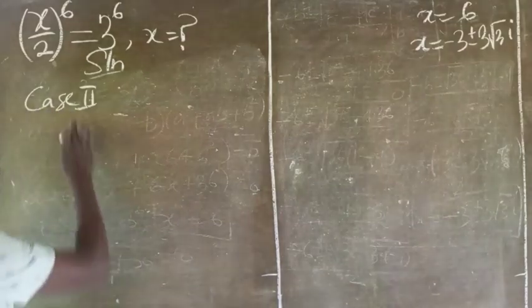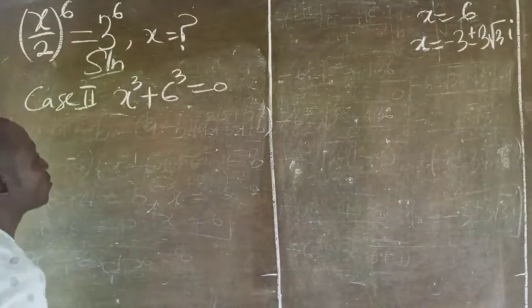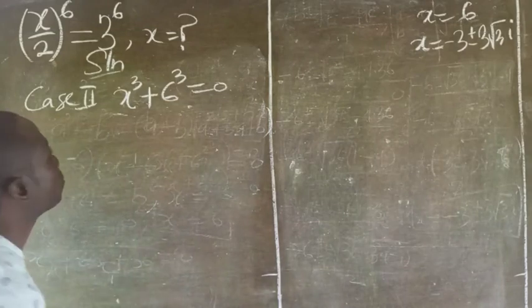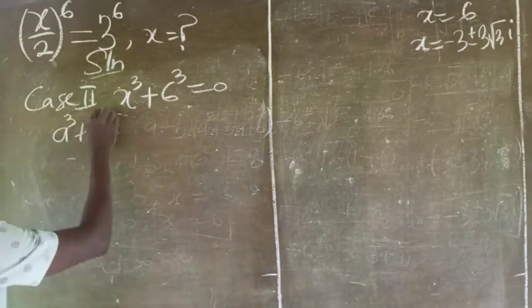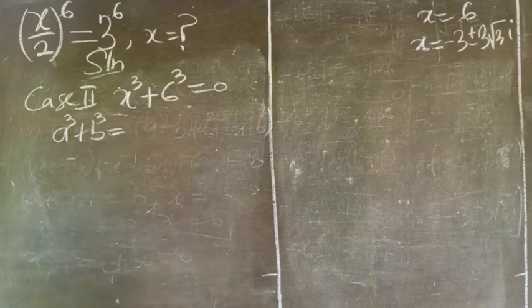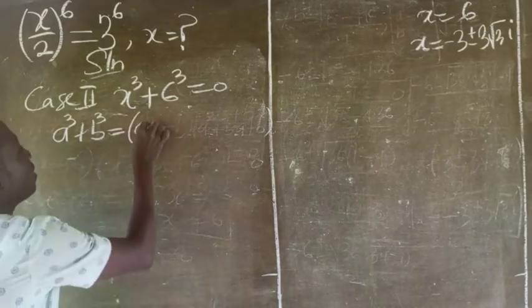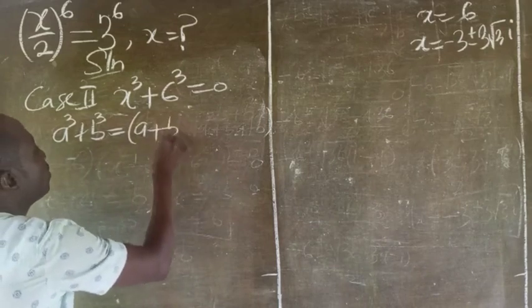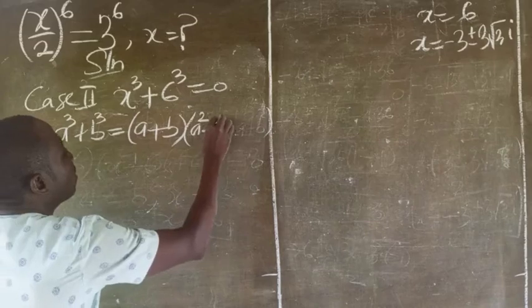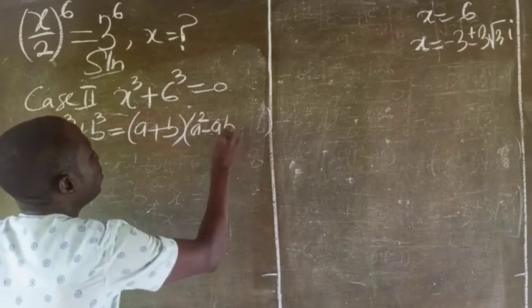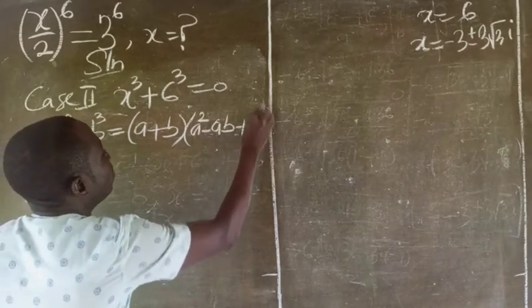So our case 2: s raised to the power 3 plus 6 raised to the power 3 equals 0. And if you remember also, a cubed plus b cubed, the identity says a plus b into a squared minus ab plus b squared.